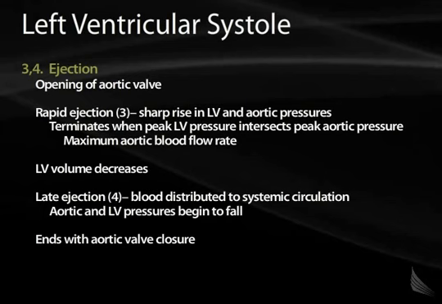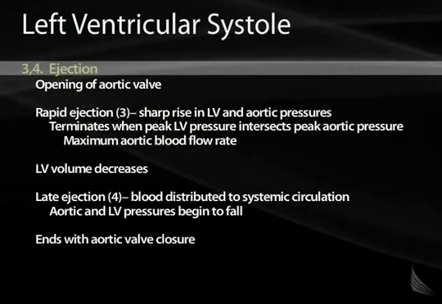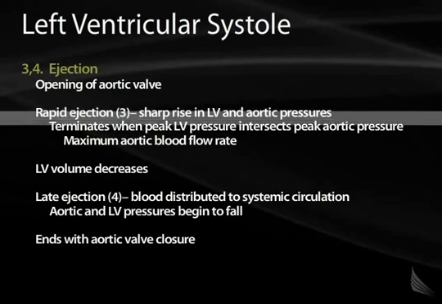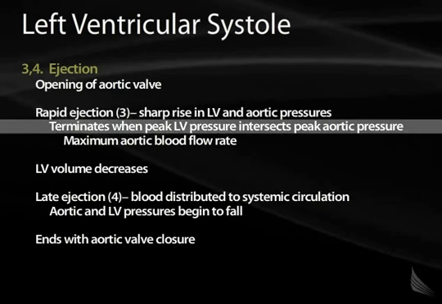Left ventricular systole then continues with ejection, which is sections 3 and 4. After opening of the aortic valve, rapid ejection occurs, and a sharp rise occurs in the left ventricle and aortic pressures. Rapid ejection terminates when the peak LV pressure intersects the peak aortic pressure.